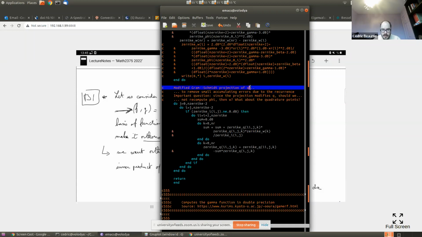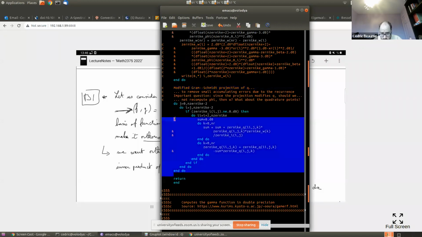All that tedious calculation that we've just done by hand, which took us 45 minutes, is just some nested loops like this. It's fairly straightforward. It's 10 lines of code, and so it takes no time for a computer to do this.